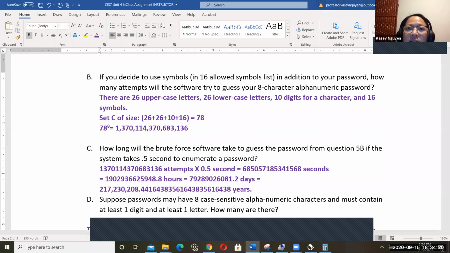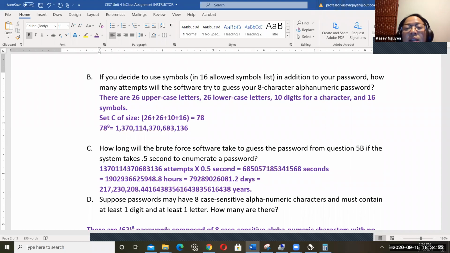Compared to 7-character password, it's drastically longer. Any questions?